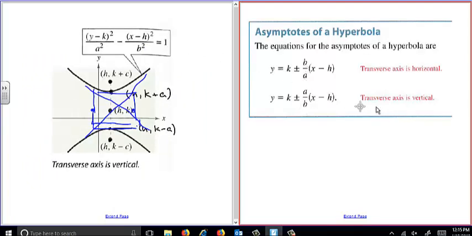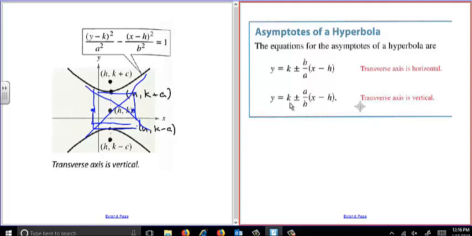But when you have a vertical transverse axis, then you switch them, because now a goes with the y part and b goes with the x part. So it's always the y over the x, just because it's a slope. Slope is change in y over change in x. But all the other things stay the same.